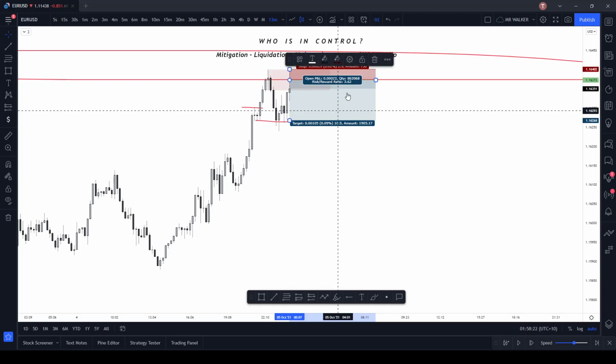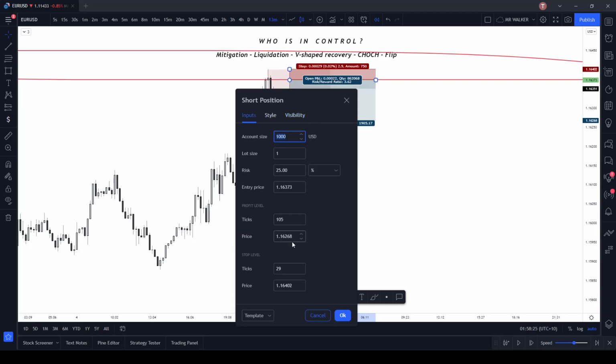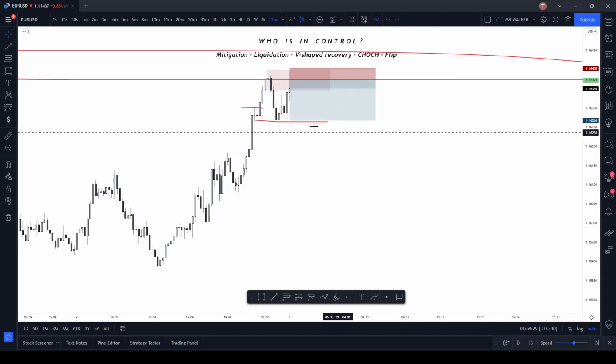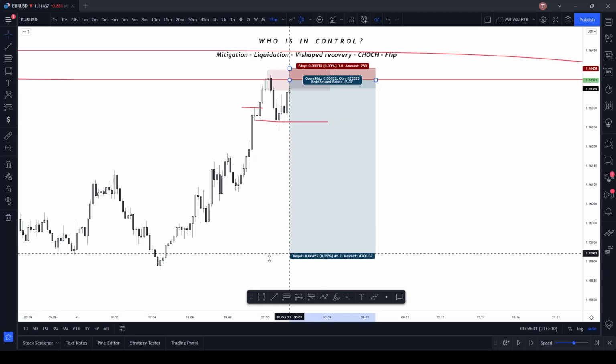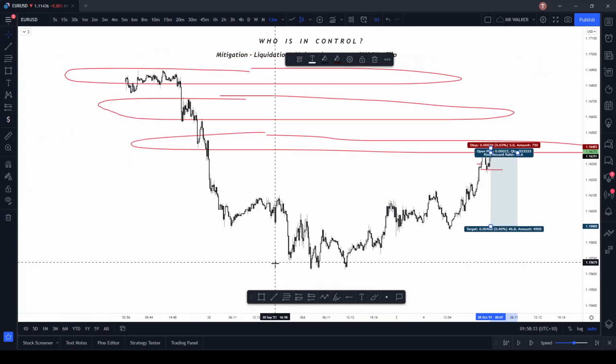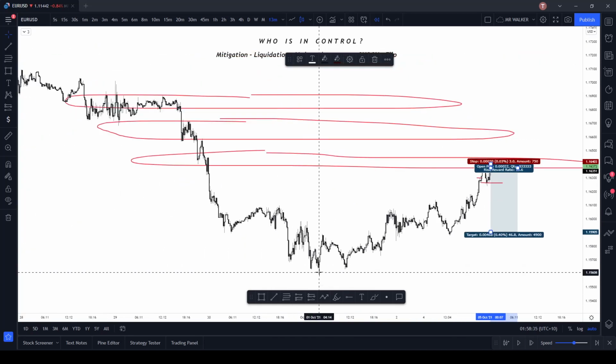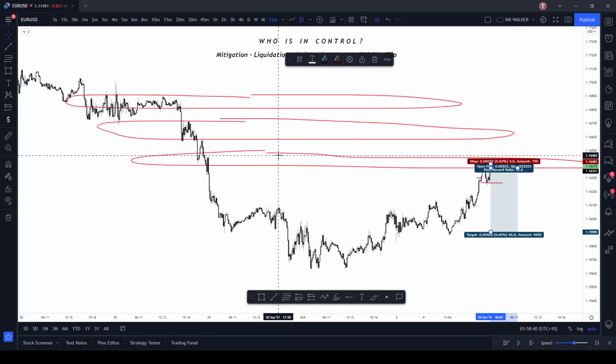I'm sorry, wait. Inputs 336, and then the target. We understand that we are now in the pullback phase, right? But according to our anticipation, this supply is about to hold, right?